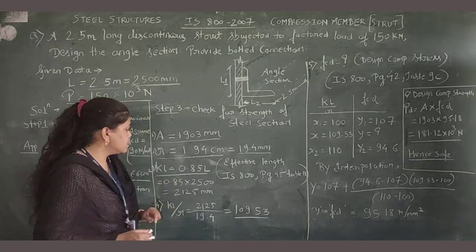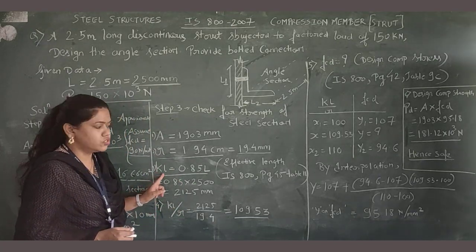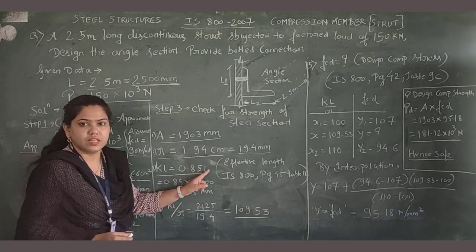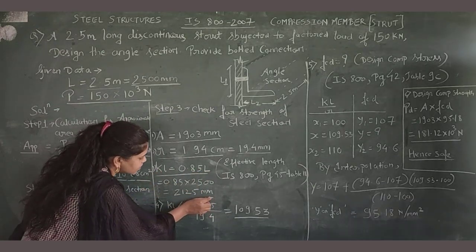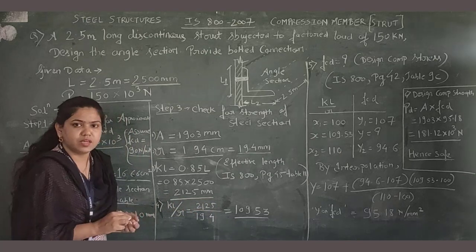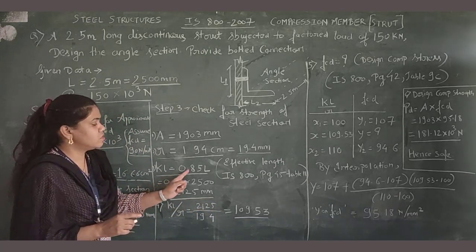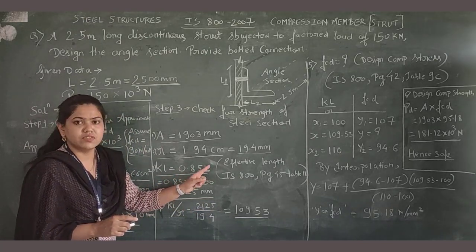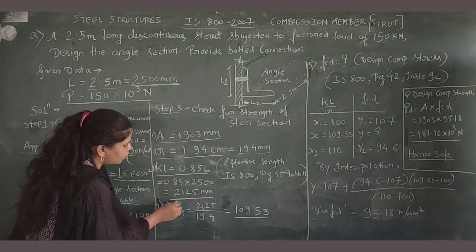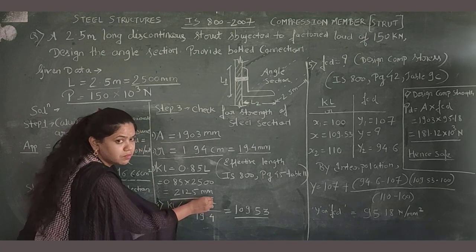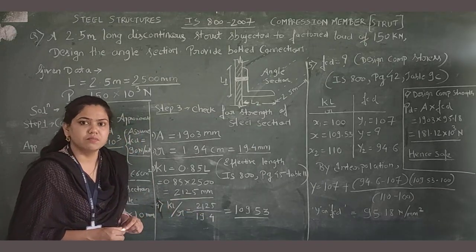Here I select KL equal to 0.85 L. You multiply 0.85 with the length already given in the numerical, and I obtained the value 2125 mm as the effective length of the member.